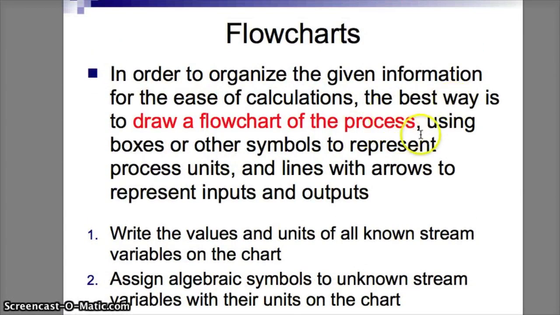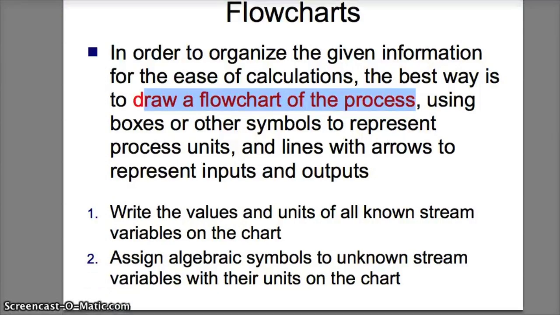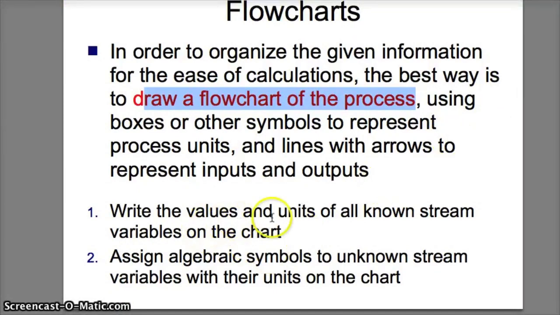The flowchart is to draw a flowchart of the process, which makes it easy for us to look at the system, where it comes from, where it goes, and what's happening in the system. The general rule is to first write the values and units of all known stream variables on the chart, and then assign algebraic symbols to unknown system variables with their units on the chart.